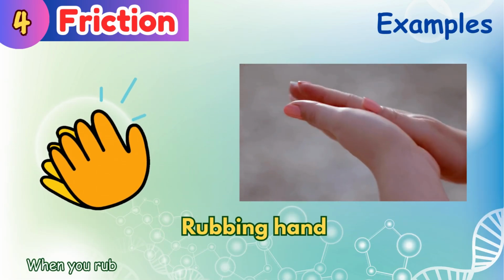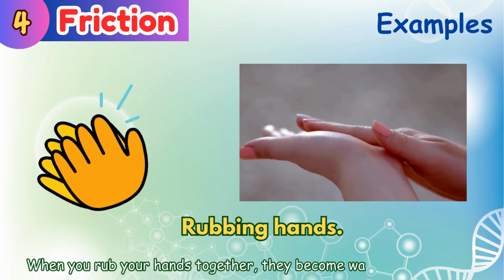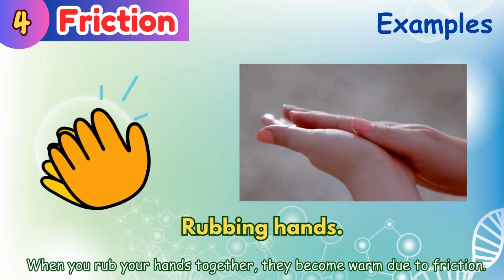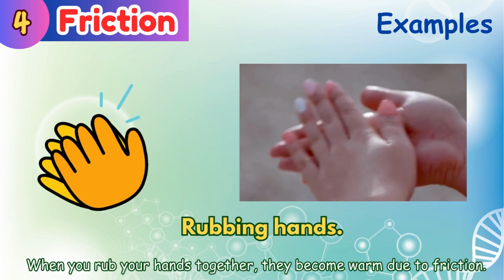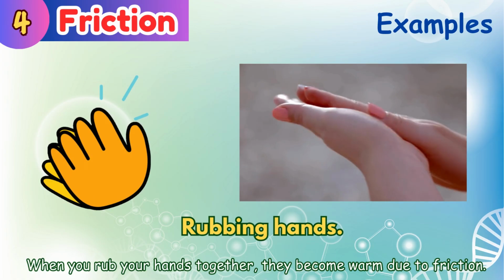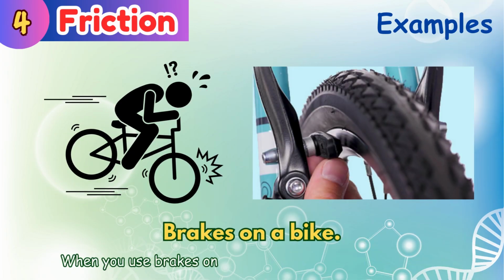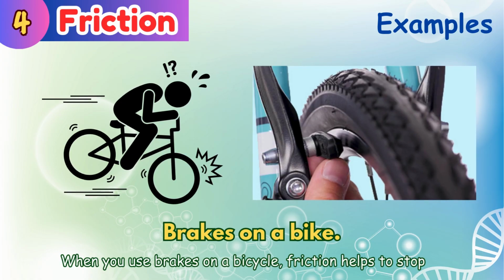When you rub your hands together, they become warm due to friction. When you use brakes on a bicycle, friction helps to stop it.